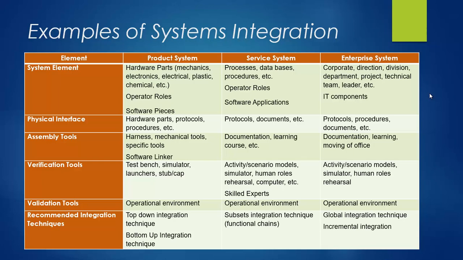With enterprise systems, we are actually dealing with national and global interaction. So in that case, we need to include what we call the global integration technique, and maybe it can be done incrementally, since we are going to use many complex elements and put them together to work in harmony.